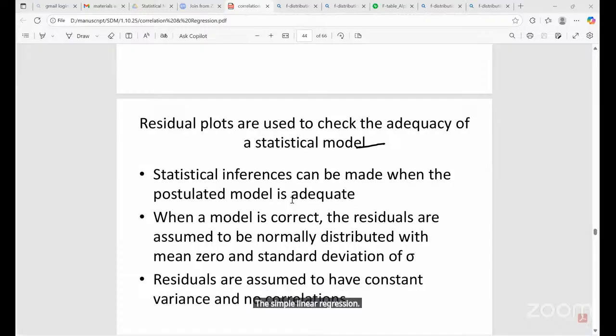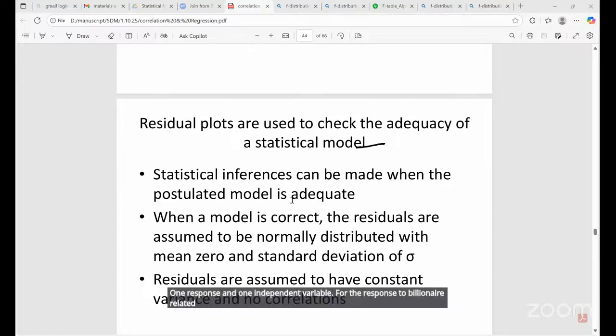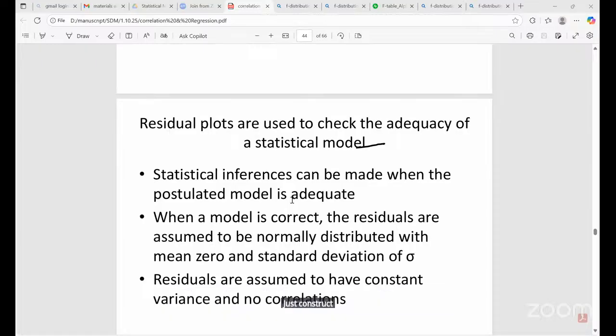Simple linear regression is when we have one response and one independent variable. For the response to be linearly related to x, which is the independent variable, just construct a scatter diagram. If you observe a linear relationship, then we are good to go. For normality, we can use a QQ plot, which we shall see, or a histogram of residuals.